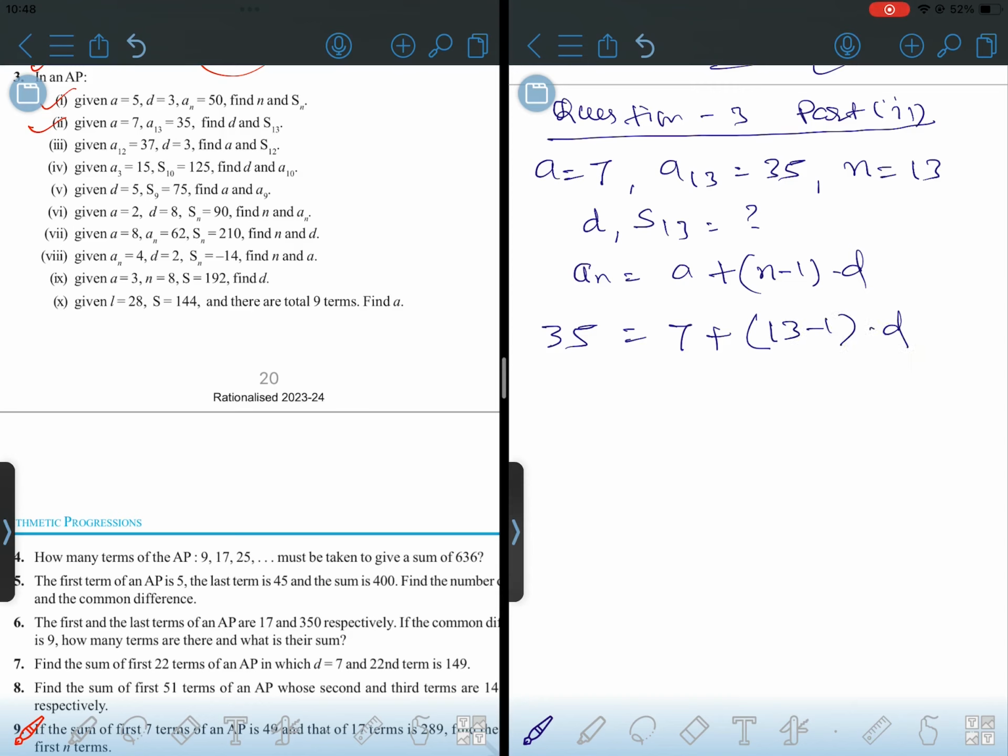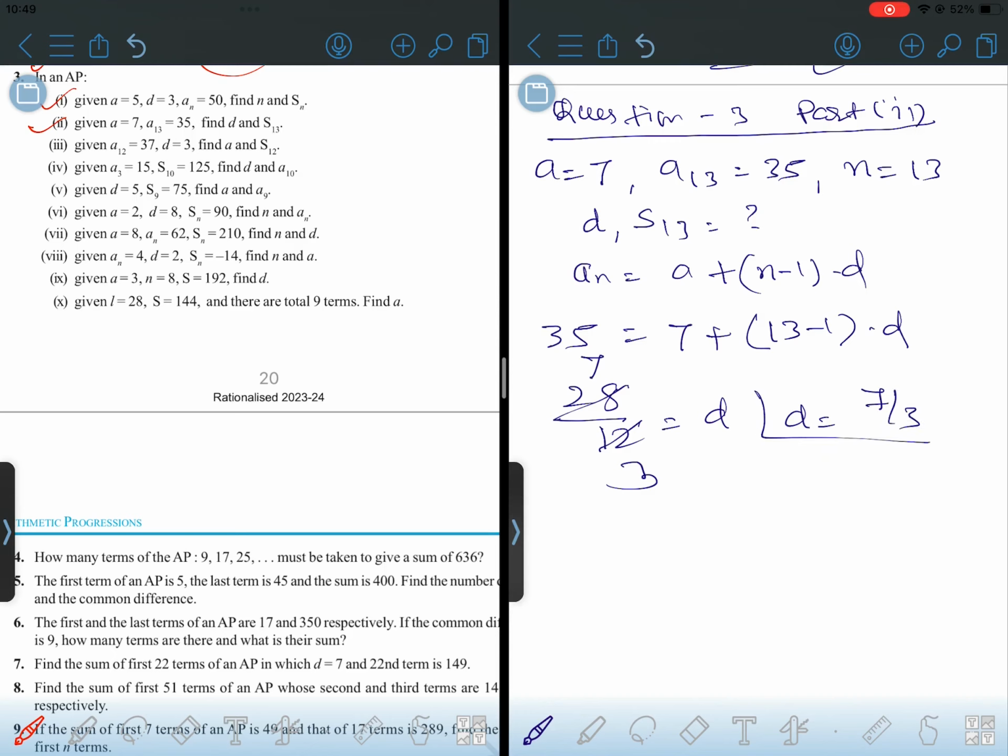If you solve this, it is 28 upon 12 is equal to d. Divide by 4: 4 sevens are 28, 4 threes are 12. So the value of d you got is 7 by 3.